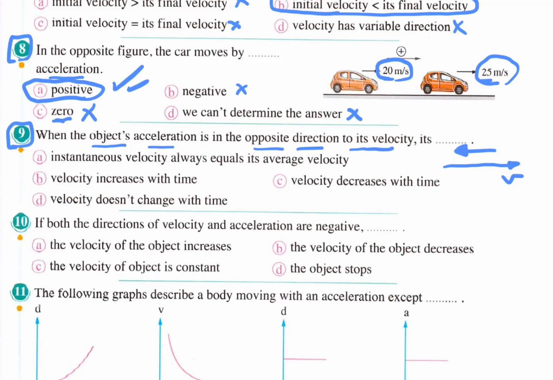So it decelerates, or the velocity decreases with time. Velocity increase, no. Instantaneous velocity always equal its average, no, because there is acceleration, but in the negative direction. Velocity decreases with time, yes, because the acceleration is in the opposite direction of the velocity.